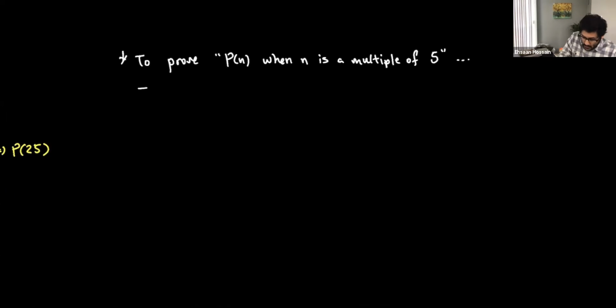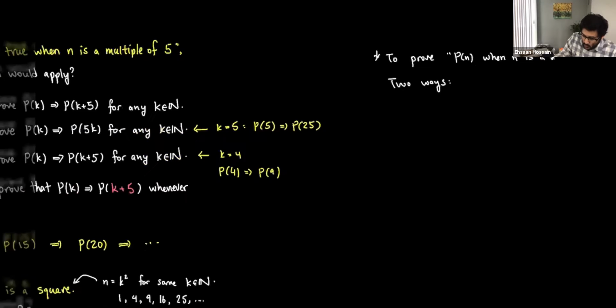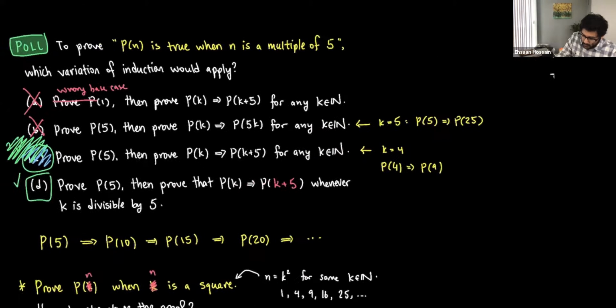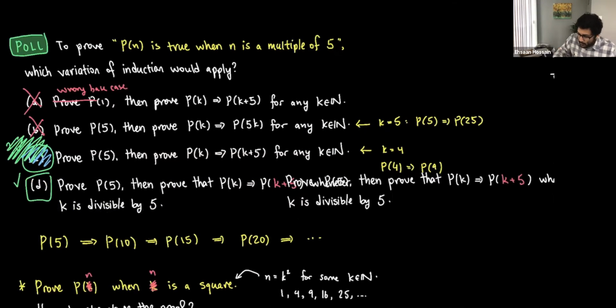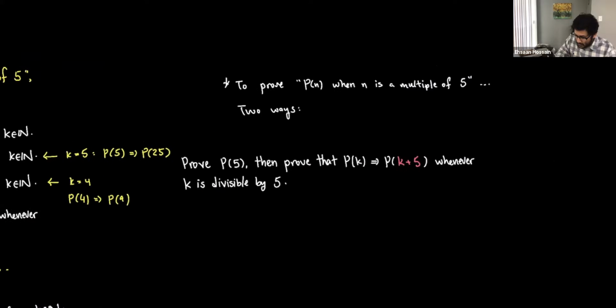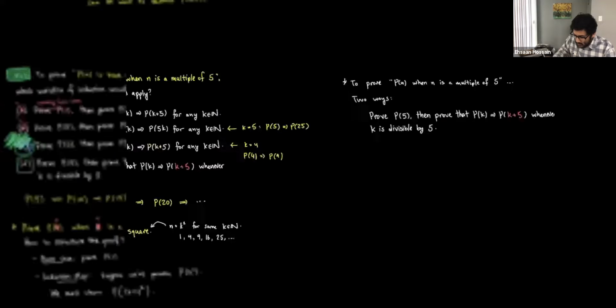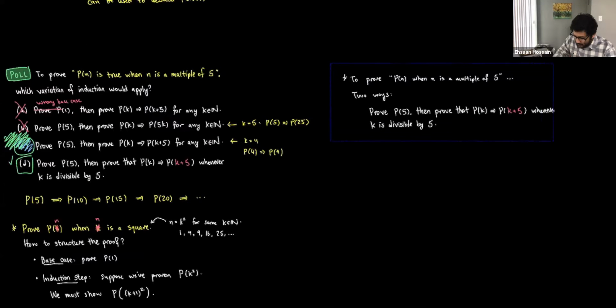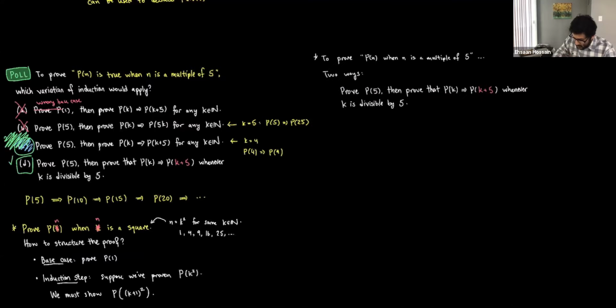To prove P of n when n is a multiple of 5, there's two ways. One is the way I just said in the poll question, right? One would be this way. Prove the base case P of 5. Whoops, sorry. Let me move that over a little bit.